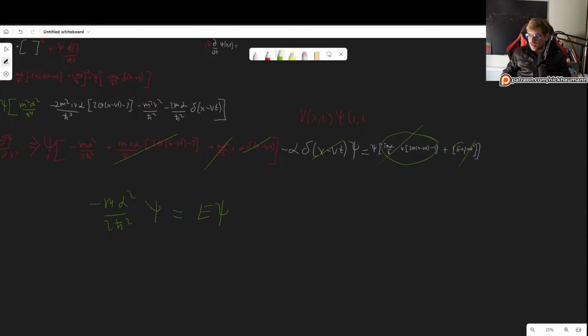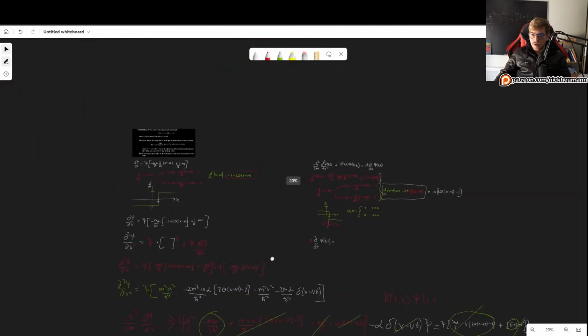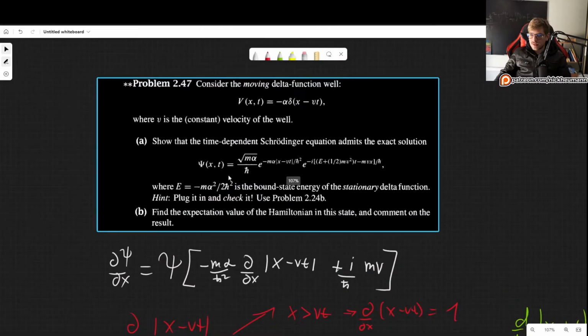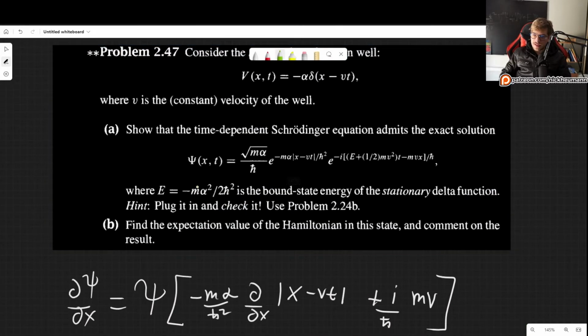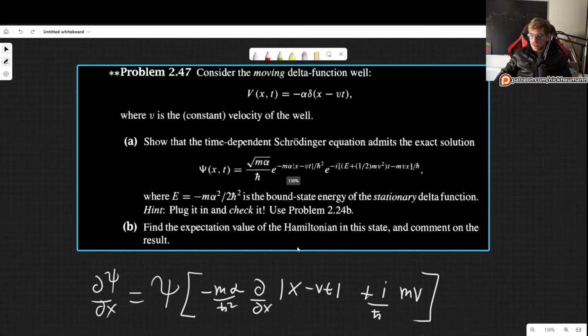So if the energy of the state is m alpha squared divided by 2h bar squared, then the state is indeed a solution, and this is exactly what they say. So we have now checked that this solution is indeed a bound state, and we even found the energy.